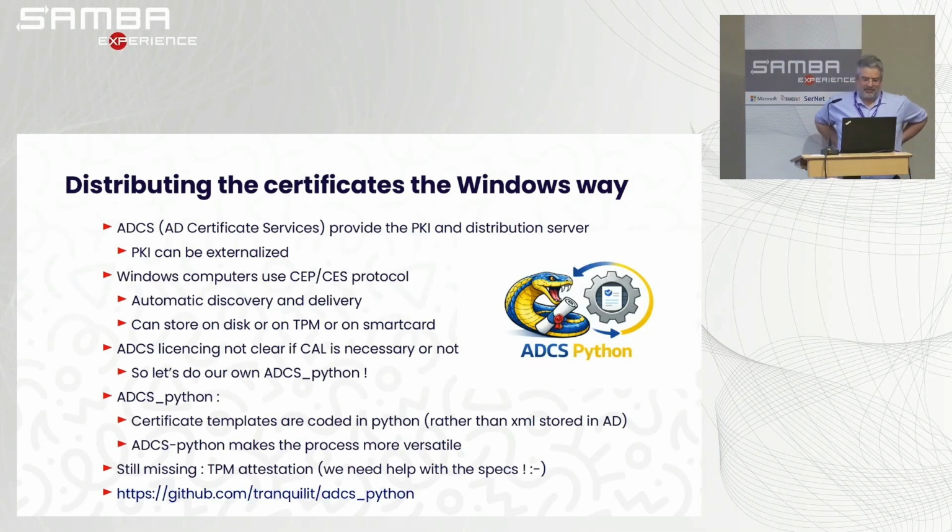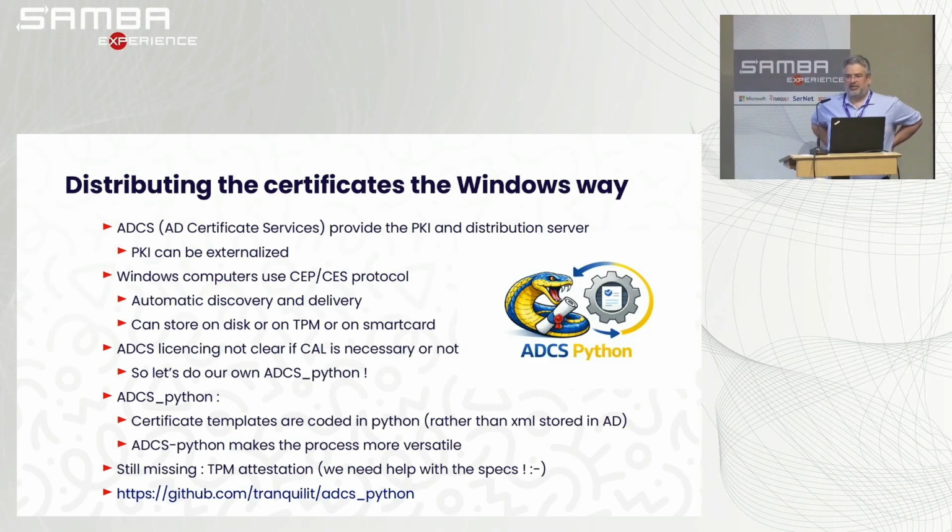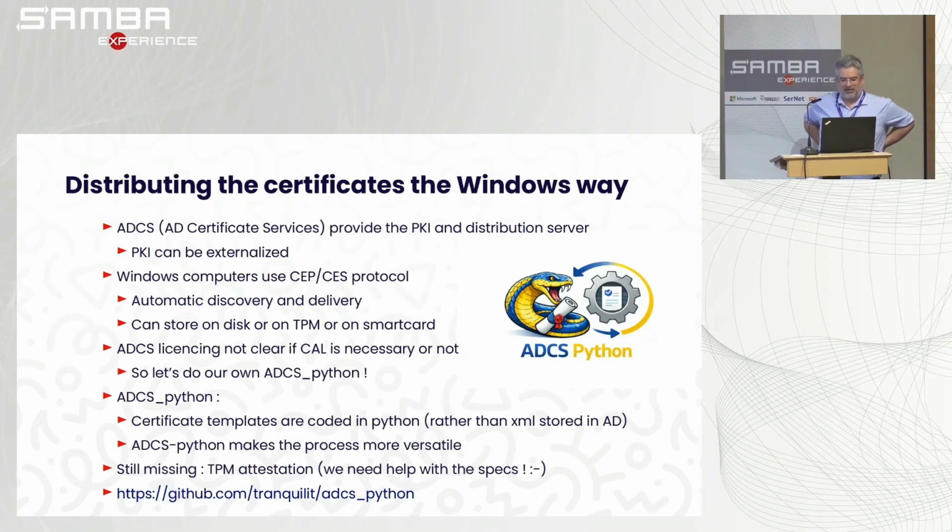So it is very versatile if you want to provide different templates based on criteria. There are many things that you cannot do in Microsoft ADCS because you cannot script enough what you give to people. So that's a very good thing, but there is still something missing: TPM attestation.